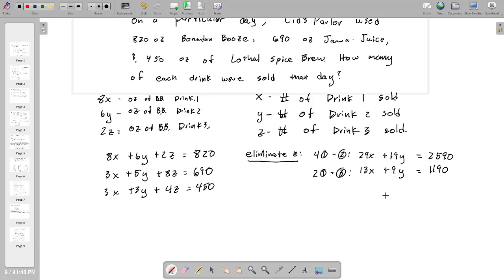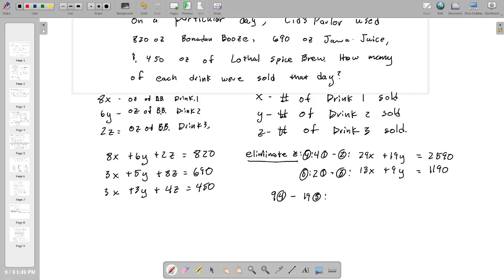Oof, these numbers are rough. I think we eliminate y next. So I'll call this equation 4 and this equation 5. So we need to do 9 times equation 4 minus 19 times equation 5.